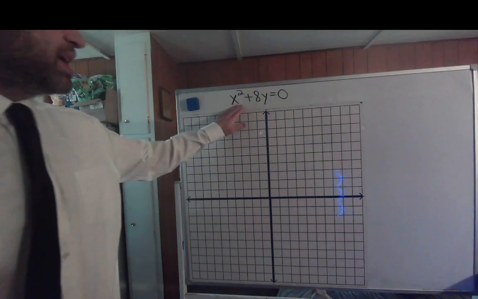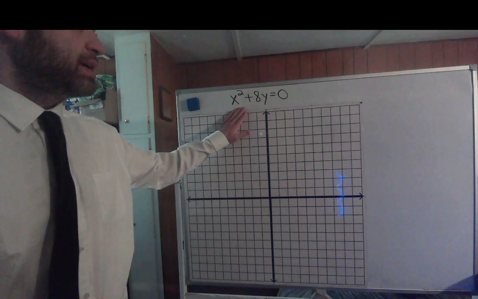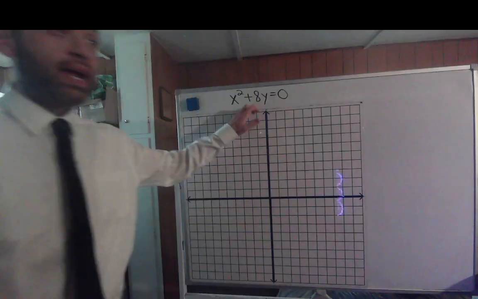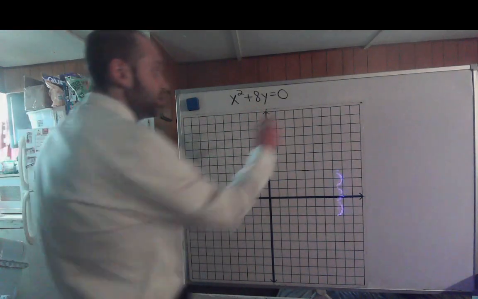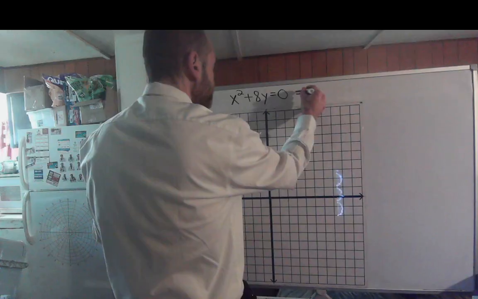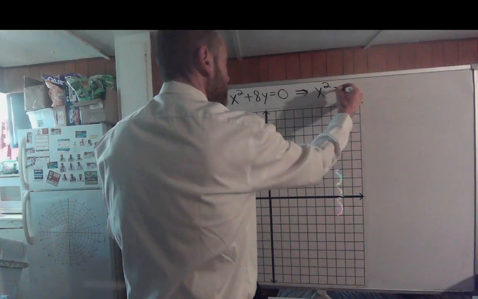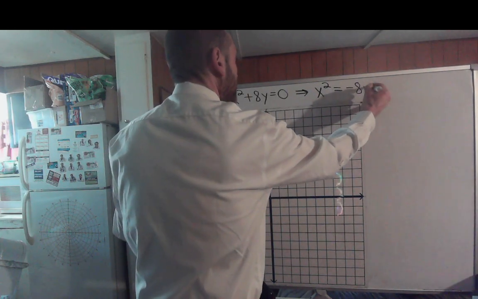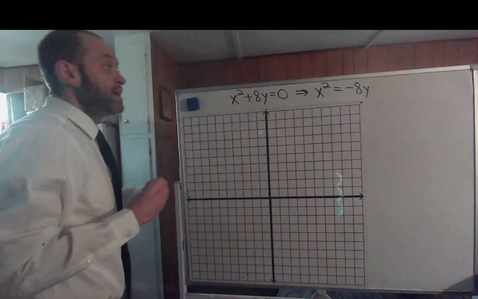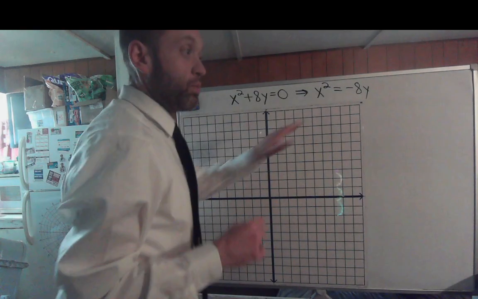So we have to get the x squared by itself. We have to kick the 8y out of the left-hand side. If we do that, we have x squared equals negative 8y. Now you have this in a format you can work with.